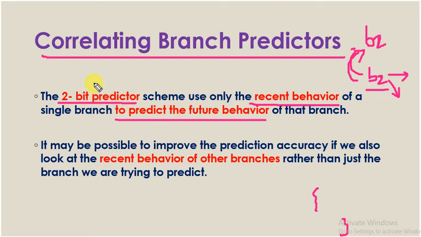That mechanism is called the 2-bit predictor mechanism. It just looks into the recent behavior of the same single branch to predict the future behavior of that branch. For example, for I equal to 0 to 100, for I equal to 0 something happens, then for I equal to 1 we predict that the same thing will happen, and likewise for I equal to 2 and I equal to 3.